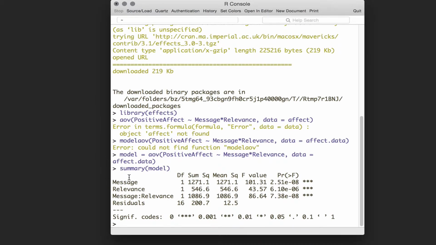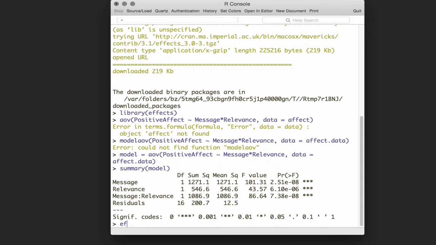So those are all possibilities for the interaction effect. To start trying to interpret what these mean, we can use the effects package we downloaded to get some means for our different effects.